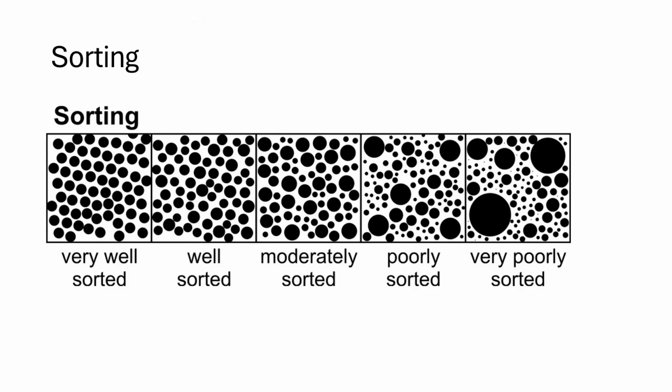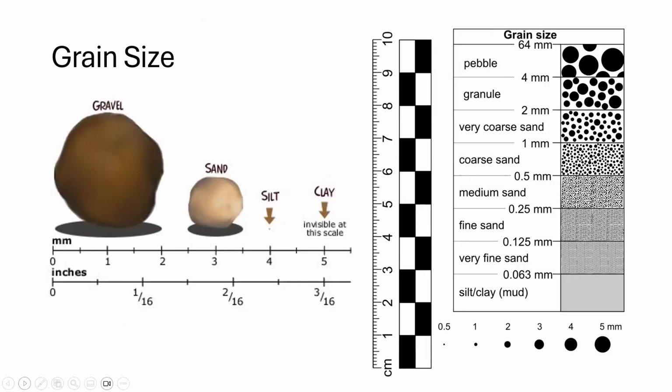But immediately when it's losing its energy, you will deposit big material first, then moderate ones, and then fine material later, because fine materials need an environment that is very quiet. All right, so that will give you sorting. I hope you're getting the gist of it.